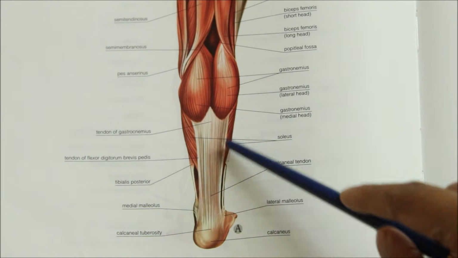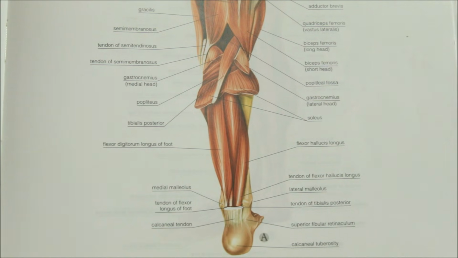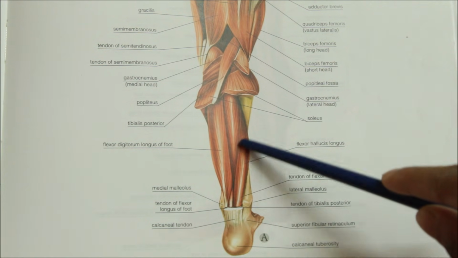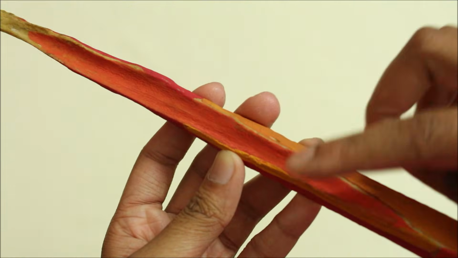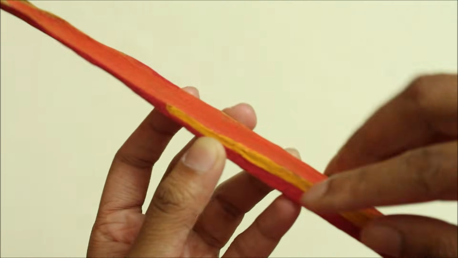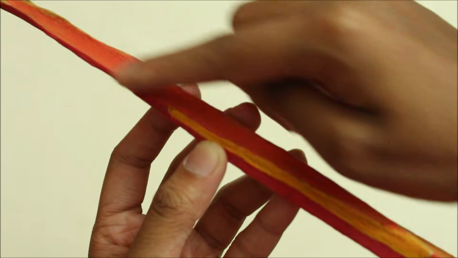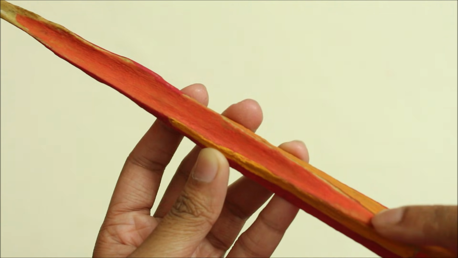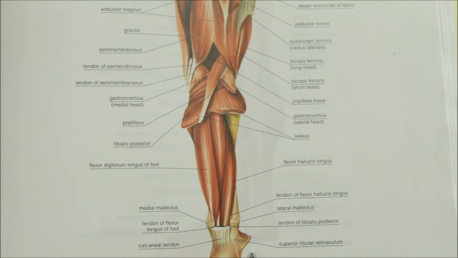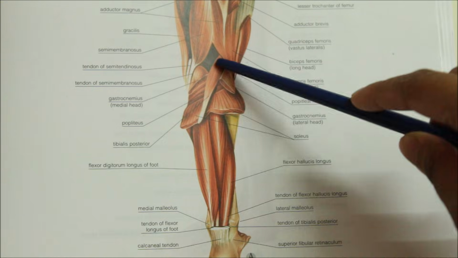This is the soleus muscle. This is the flexor hallucis longus. The part of the posterior surface that lies between the medial crest and the interosseous border or the medial border gives origin to the tibialis posterior that you can see in orange right here. This is the tibialis posterior.